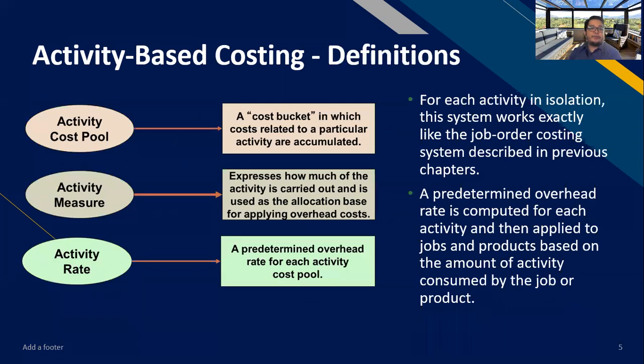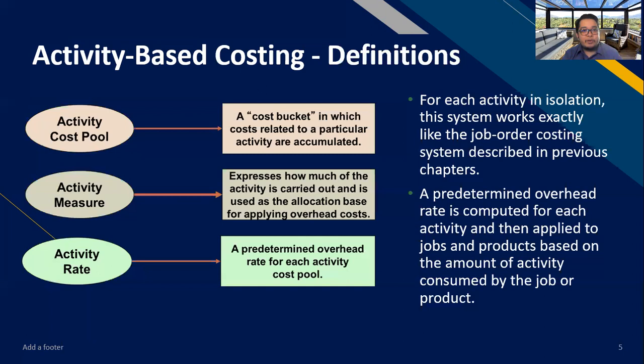Some definitions. The activity cost pool is the cost bucket in which costs related to a particular activity are accumulated. So these are what we mentioned earlier: billing, setting up costs, admission, etc. Those are the activities and those are the activity cost pools.